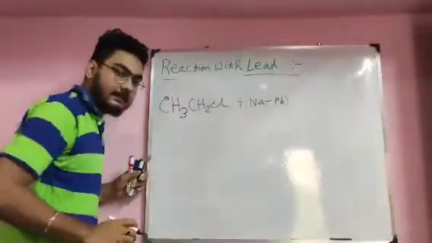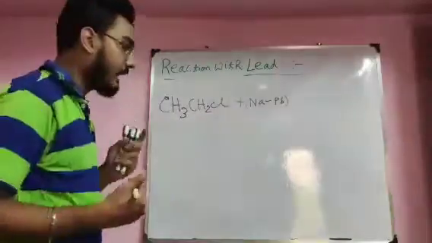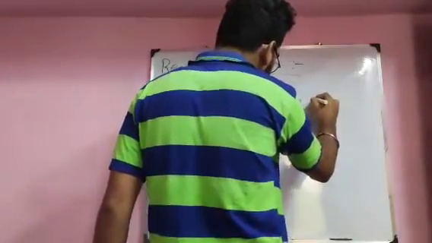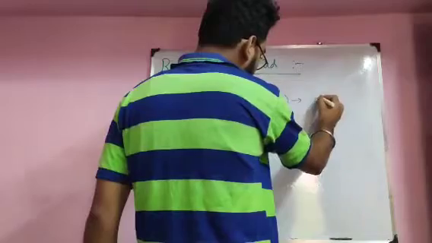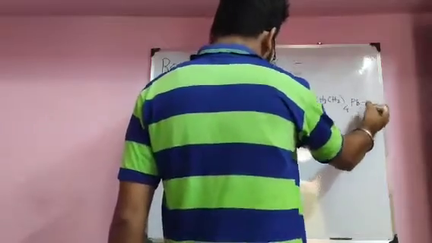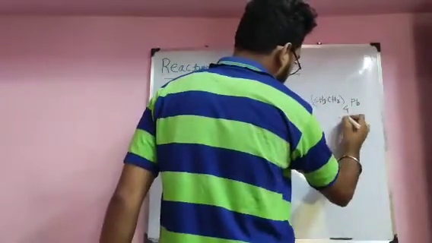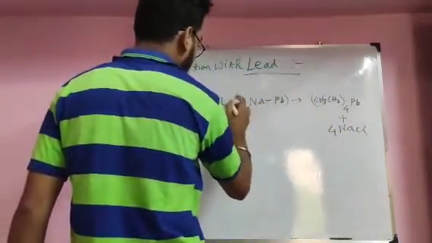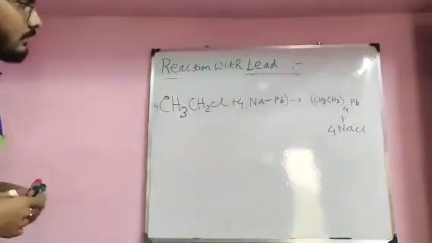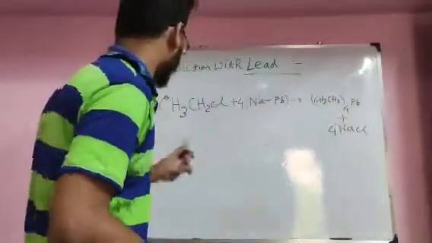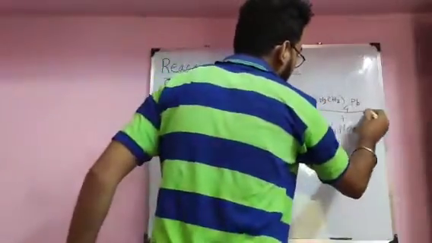One R-X or one alkyl halide reacts with lead, then the product will be... Now balancing the reaction, 4 or 6.